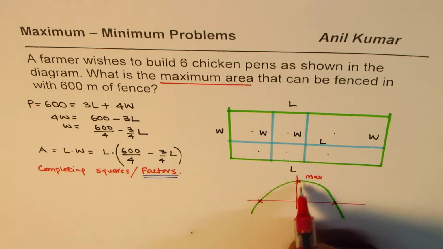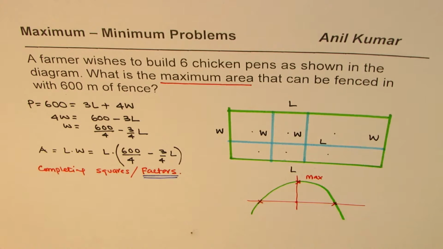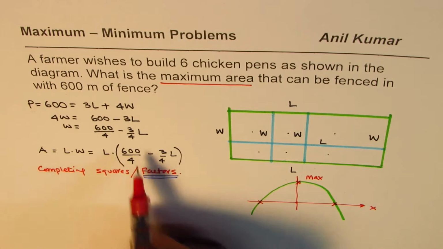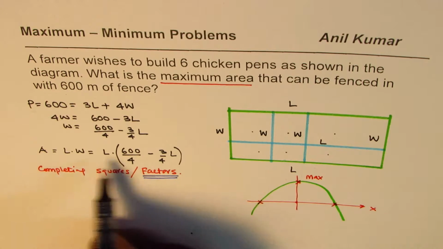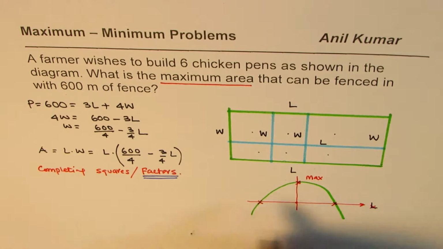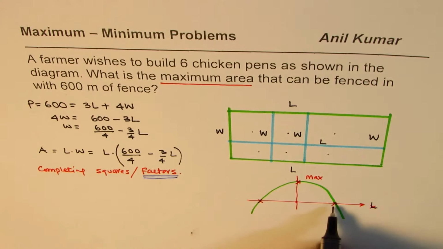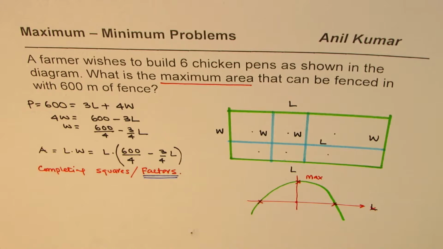So mid value of those 2. So normally these are your x-intercepts. If you take this along the x-axis, that will be your x-intercept. Here we'll call this length, so we'll take L here. Do you understand? So let's find these zeros for the situation, right?